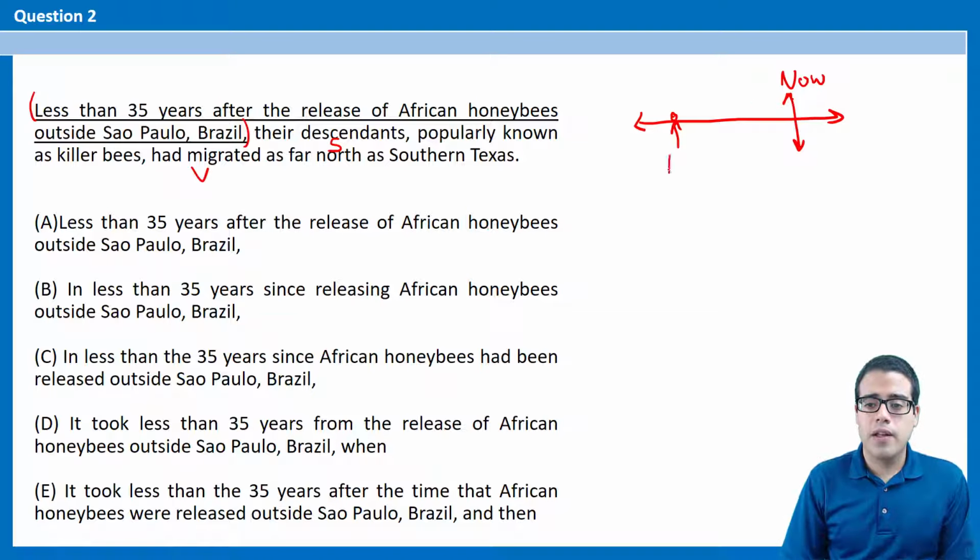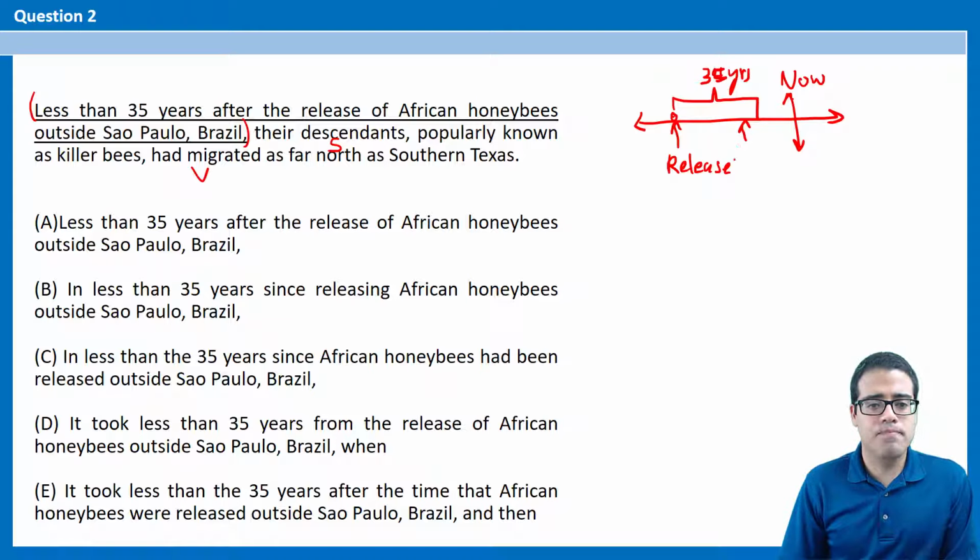Okay, so again, the release was here. And from here, you have 35 years. But less than 35 years after the release, so probably here, what happened? They had migrated.